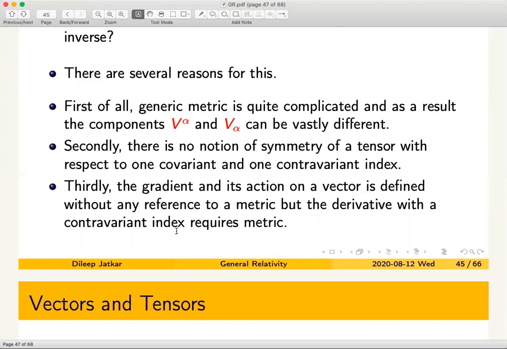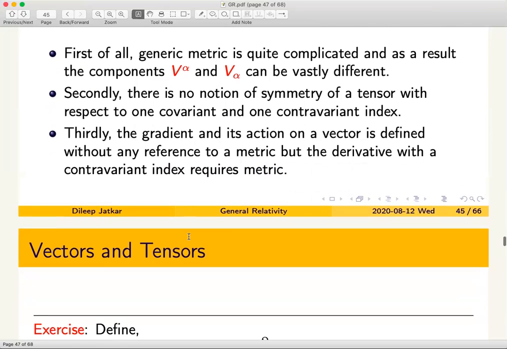So in that sense, randomly writing down quantities by raising or lowering indices would of course necessarily require intervention of a metric. So it would be much easier to work with, say, a mixed tensor or purely covariant tensor than try to shuffle indices of it.